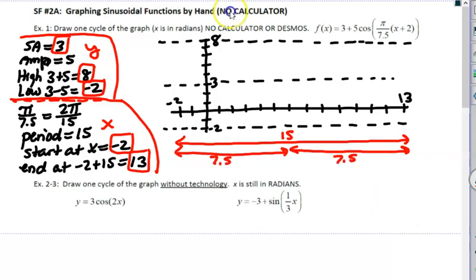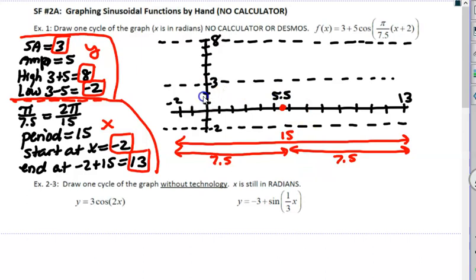So I know from -2 to the middle point is going to be 7.5 units. So let me mark that off. 1, 2, 3, 4, 5, 6, 7.5. So this is going to be the point 5.5. It's -2 plus 7.5.